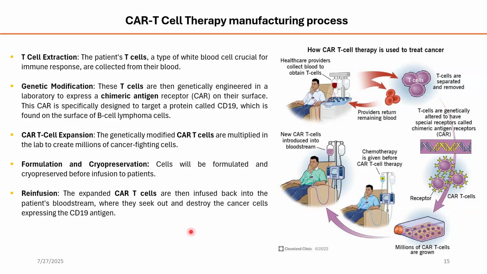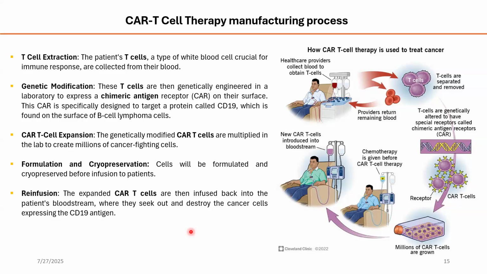So they try to collect as many T cells as possible from the patient. Once you have enough T cells, they take them to the lab and expand the T cells using CD3, CD20 specific antibodies and interleukins, these cytokines, which help in proliferation of the T cells.